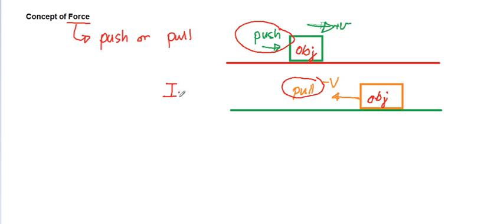So there must be interaction in this case. The concept of interaction is actually important whenever we deal with the laws of motion. So force is a push or a pull action on the object, and for that to happen, there must be interaction between the object that is being moved and, of course, the one that moved the object.